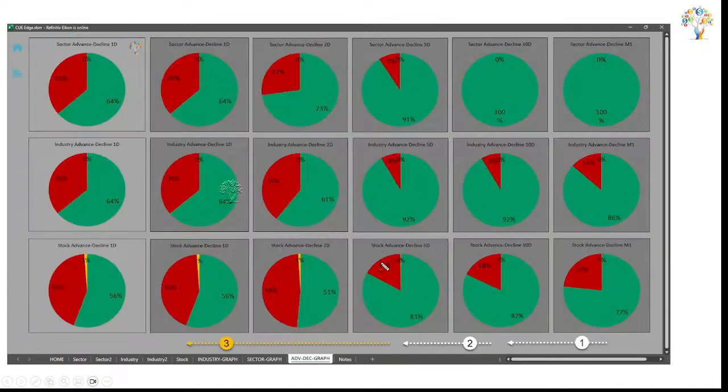If we look at the sector industry stock breadth transition from 1 month to 1 day, long term period 1 month was bullish, 10-day period also was bullish, and in fact bullishness increased. That continued into 5 days, last 5 trading days, which is also bullish.